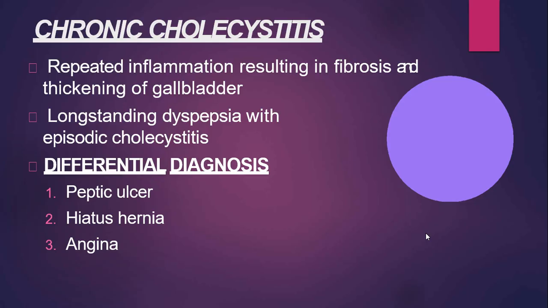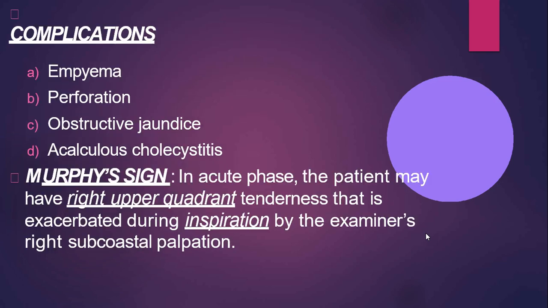Now the differential diagnosis for chronic cholecystitis: peptic ulcer, hiatus hernia, and again angina. Now what are the complications further on? As I told, formation of the empyema. Empyema is the pyocele. Before pyocele there is a mucocele.